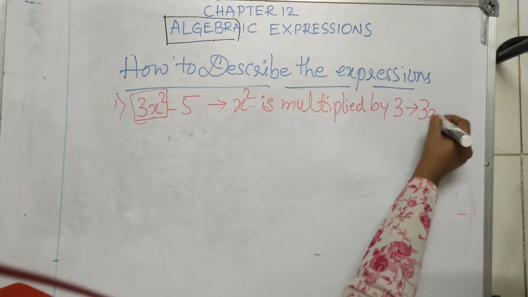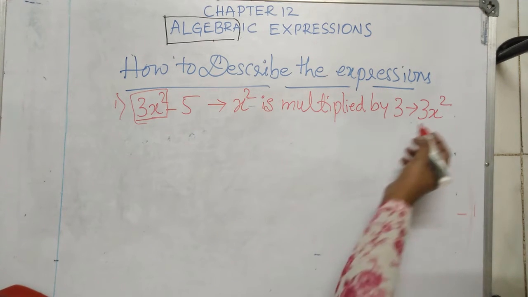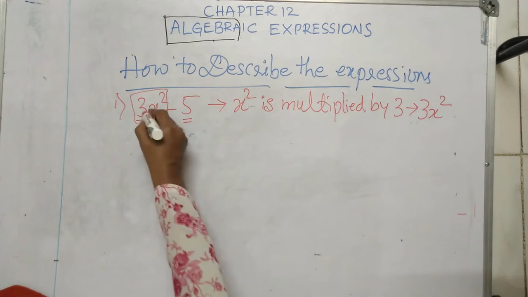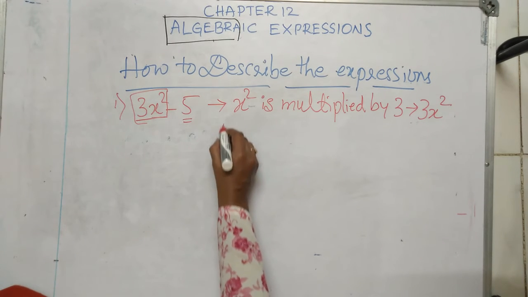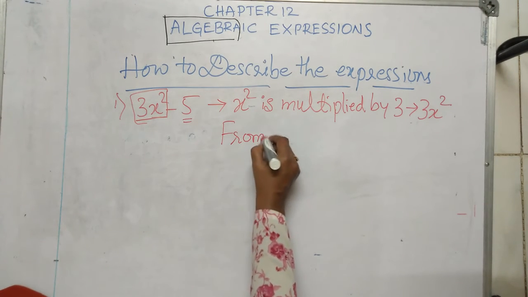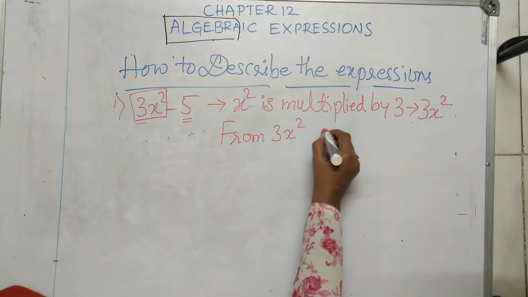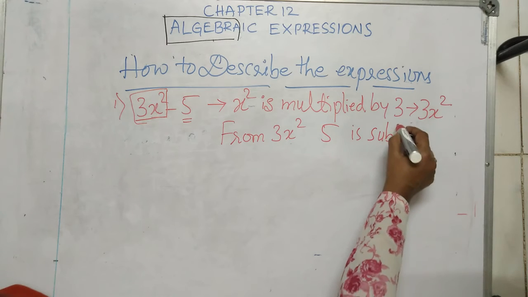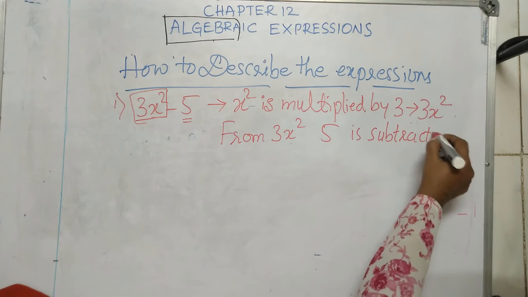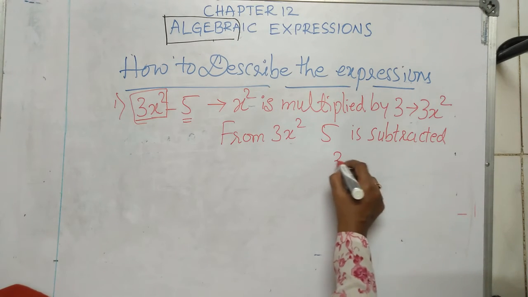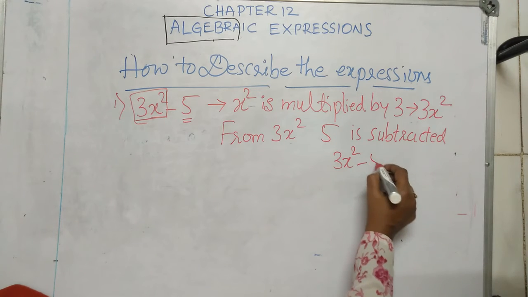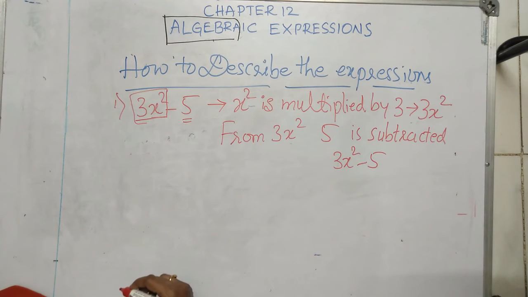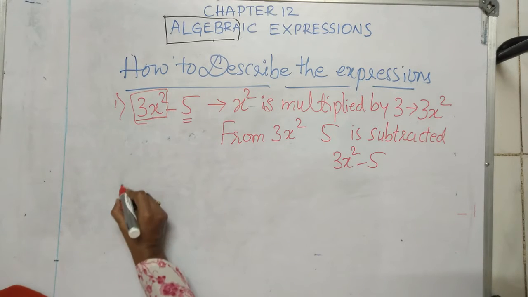This forms 3x square. And 5 is subtracted from the 3x square, which forms the expression as 3x square minus 5.